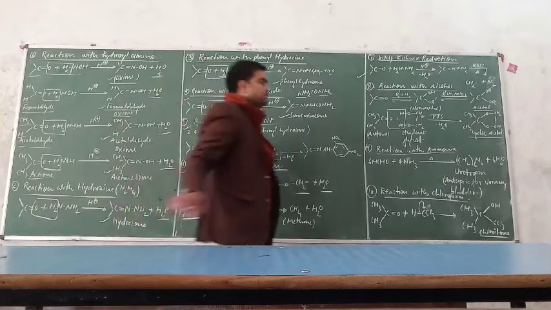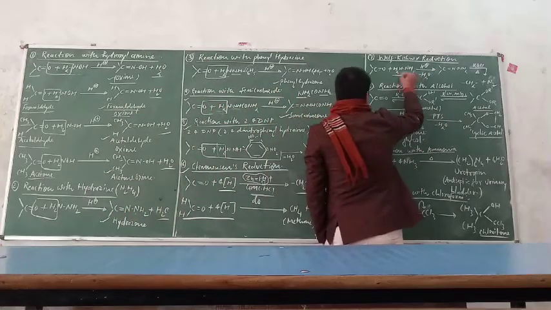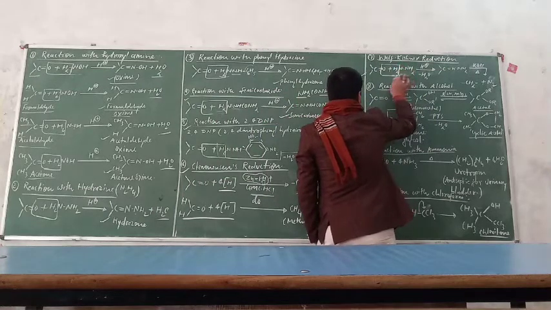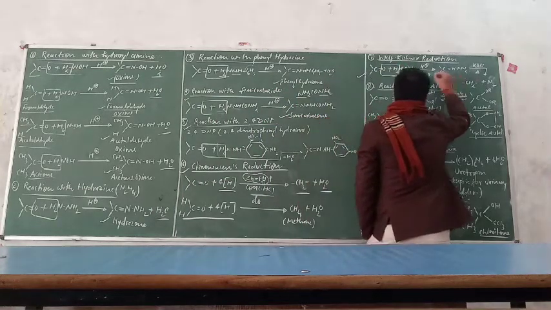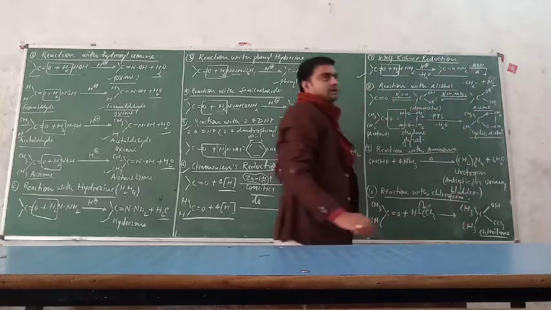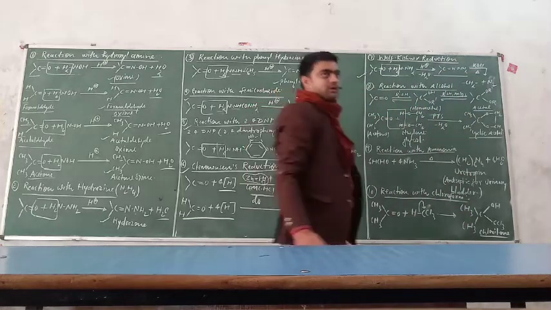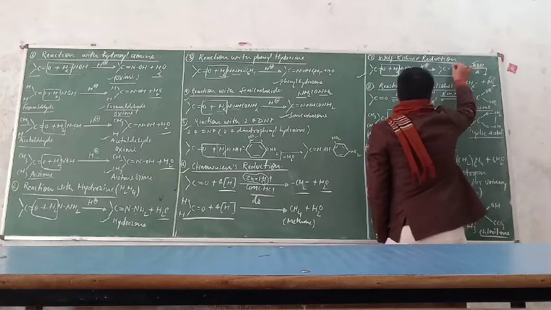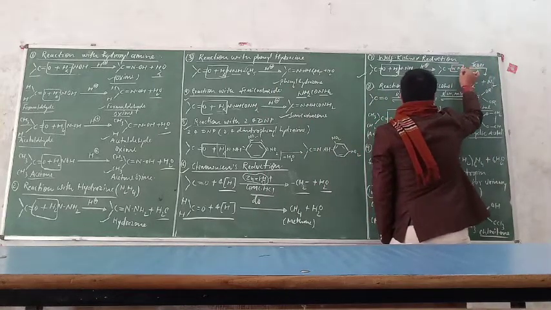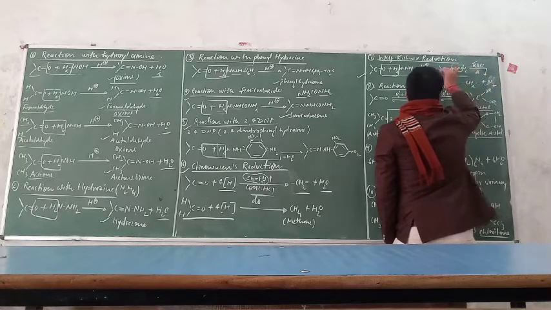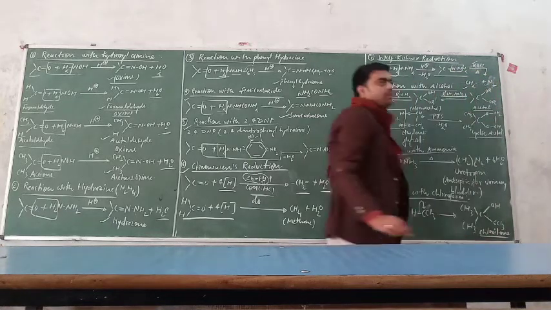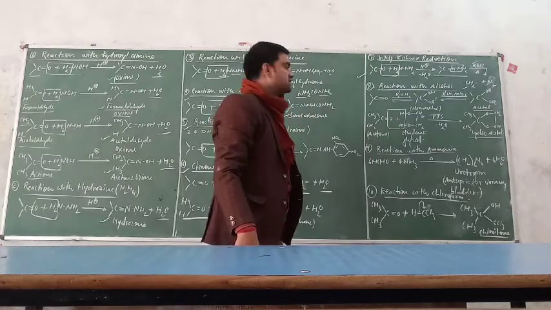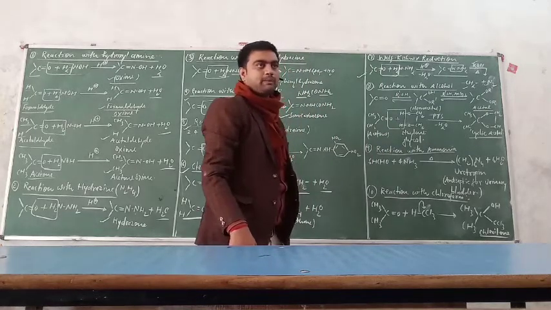You can see this is the hydrazine, and these two hydrogens and one oxygen will react with each other to form water, and hydrazone is formed. Clear? And this hydrazone, when treated with potassium hydroxide, then this N and this N will form N2, and two hydrogens react to form the methylene group or methane. Clear? So this is the Wolff-Kishner reduction. You have to remember this point.